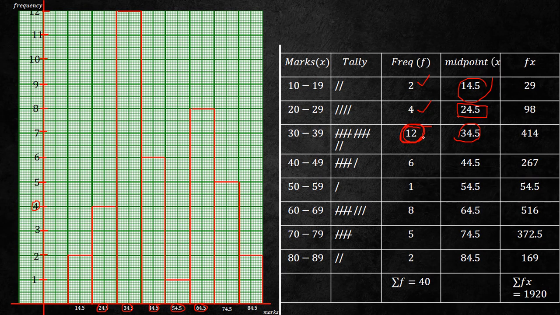So anytime you are given the histogram and you want to use it to solve for the mode, take the bar with the highest frequency. The highest frequency among all of them is the 12, and it is for this midpoint, the 34.5. This bar over here happens to be the longest of them all.